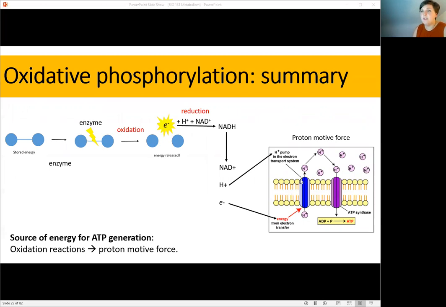At the membrane, the electrons are used as energy to generate a concentration gradient of hydrogen ions, or a proton motive force. This is energy in the form of chemiosmosis, which fuels the phosphorylation of ADP into ATP. So 2 steps: redox reactions and a proton motive force.